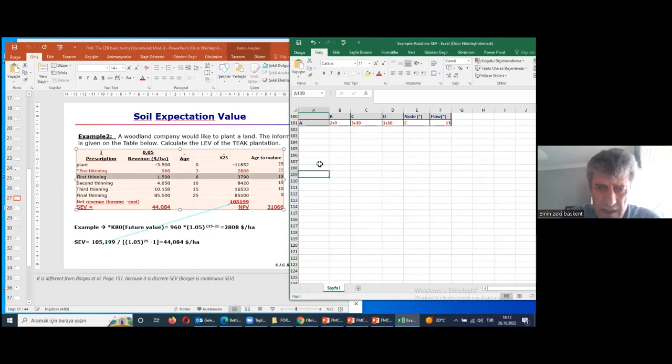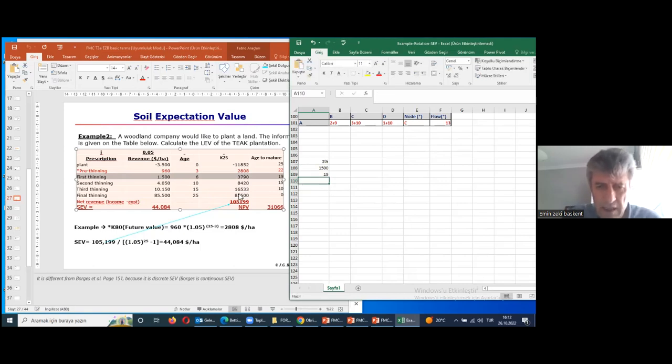The interest rate is 5%. Let's put it over here. The revenue that comes from the first thinning is 1,500. The number of years required to reach the end of the rotation period is 19. Remember, that's 25 minus 6, which is 19.